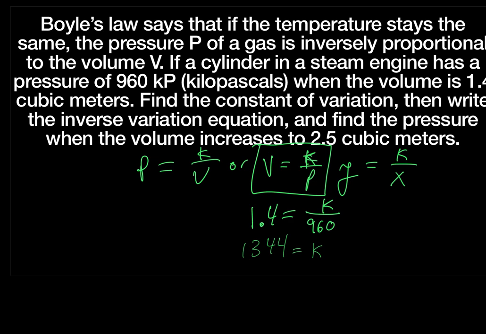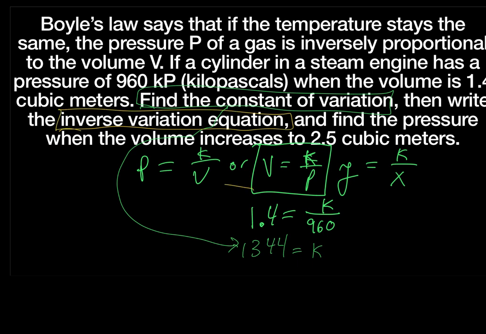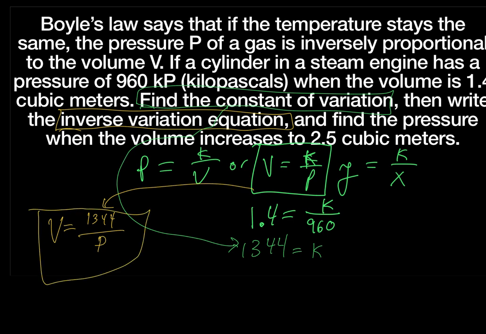So when it says find the constant of variation, that's it right there. Then I have to rewrite the inverse variation equation. So the inverse variation equation will be volume equals 1344 over P. All right, so that's the equation for whatever V and P.